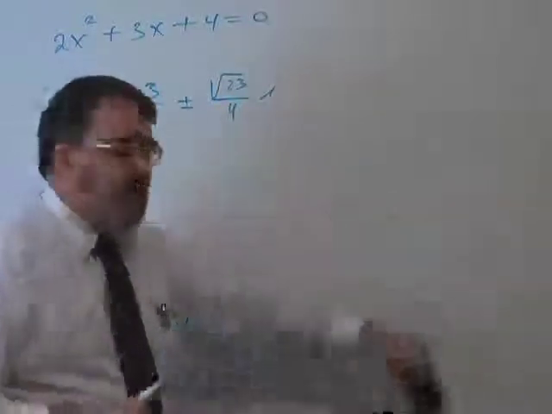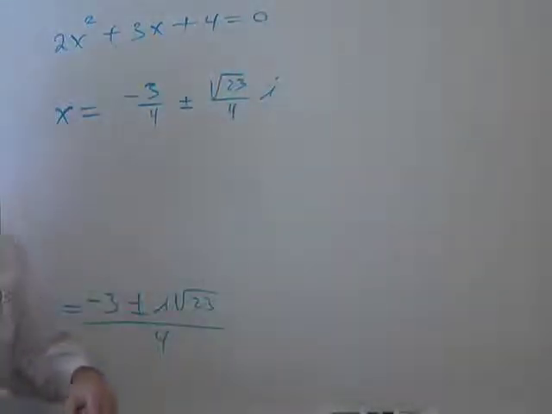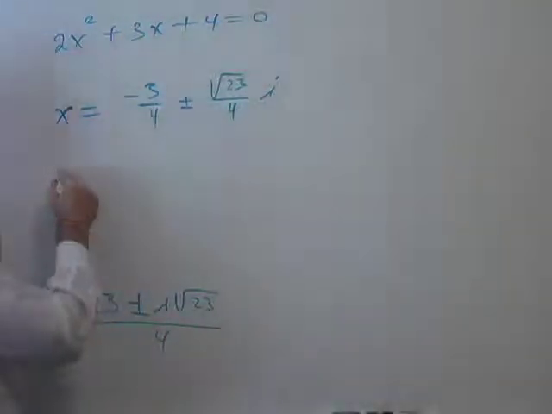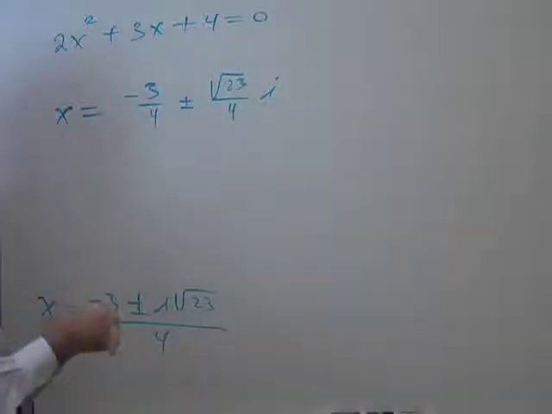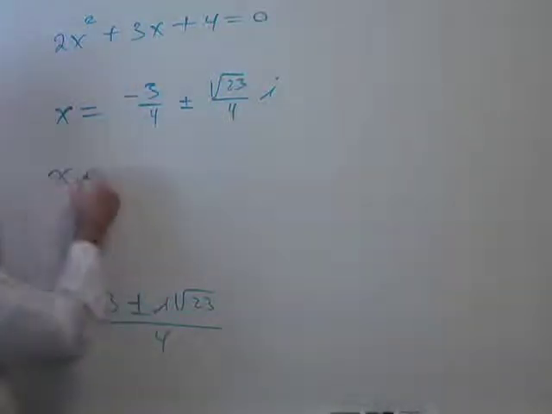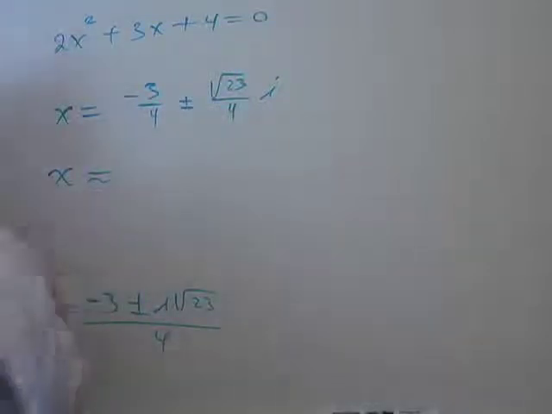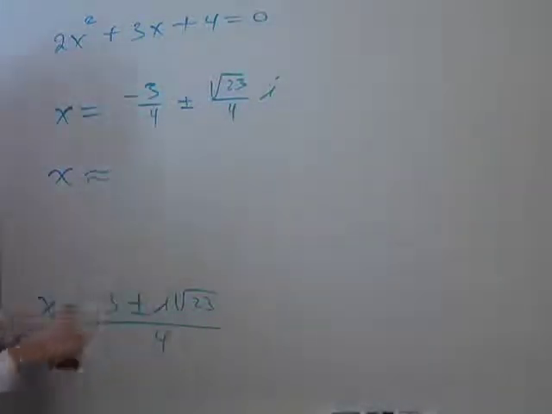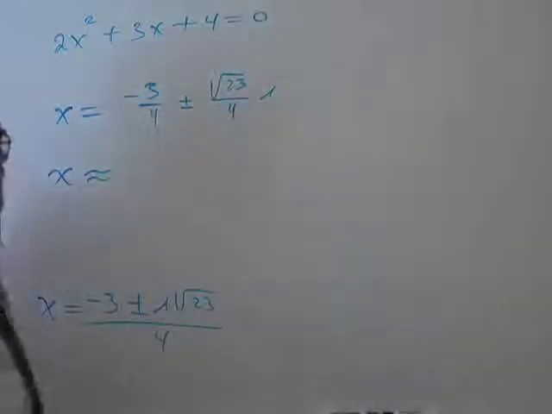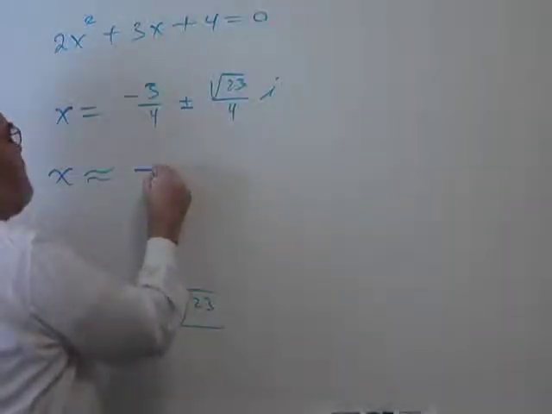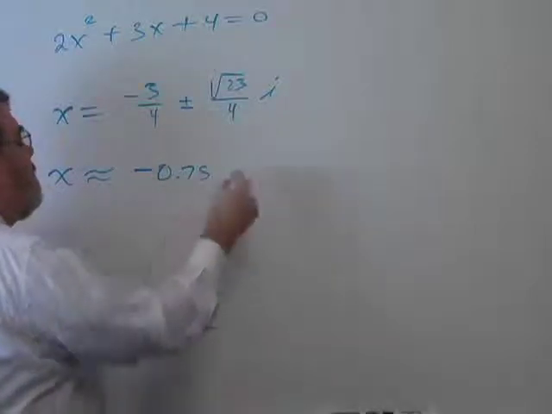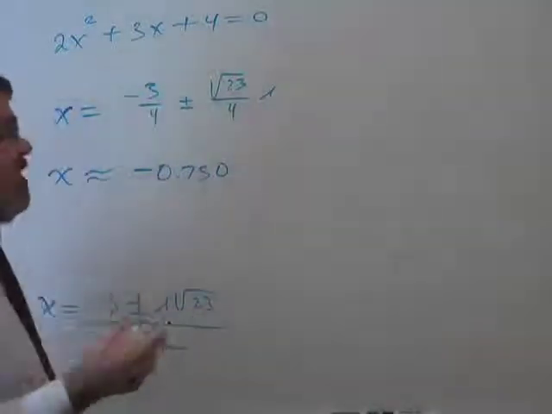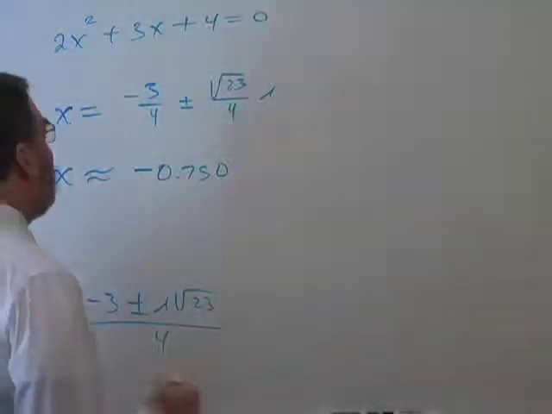All right, so let's calculate this. I usually like to go 3 decimal places, and that's purely arbitrary. But on numbers this size, that's a fairly accurate answer, because it turns out to be around 3 or 4 significant places. So x is approximately, with a little wavy equal sign meaning approximately, negative 3/4, which is minus 0.75. Since we're rounding to 3 places, I'm going to put 0.750 so the reader would know that we did 3 decimals here.